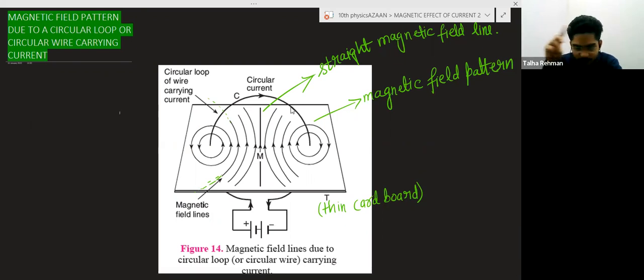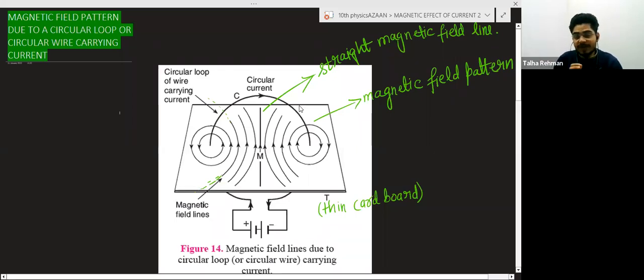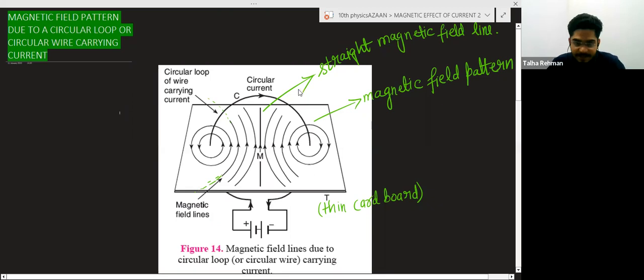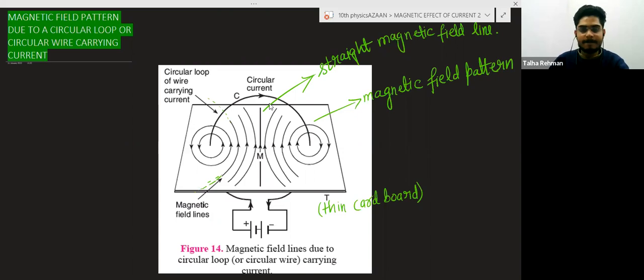It will look like 3 circular current carrying wires are producing the magnetic field. That is why I am saying that the magnetic field strength will increase. And obviously, the more the current in this wire, the more the magnetic field produced by this wire.